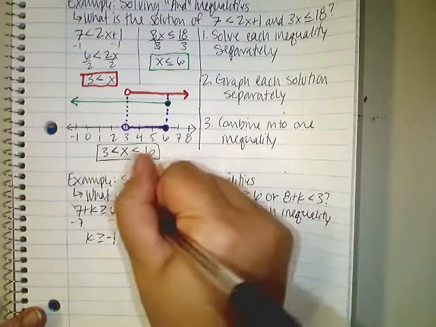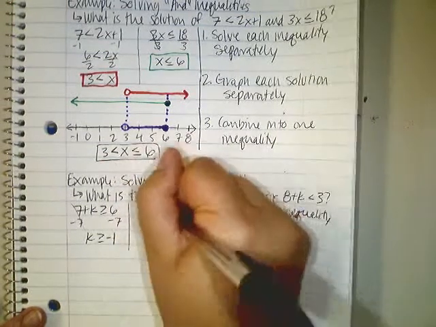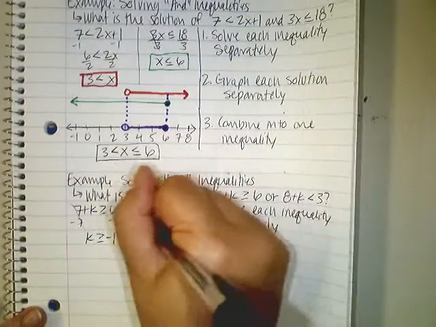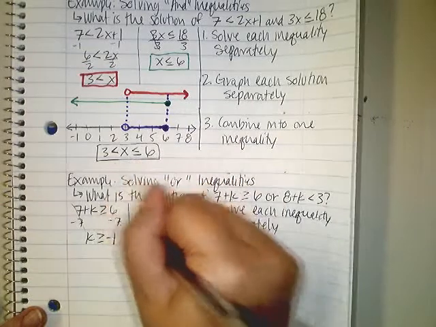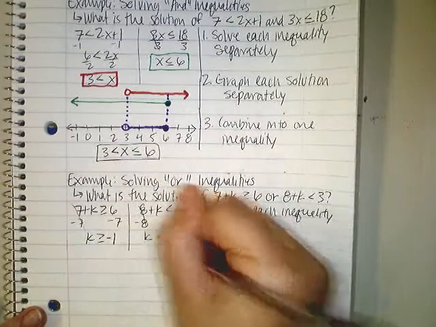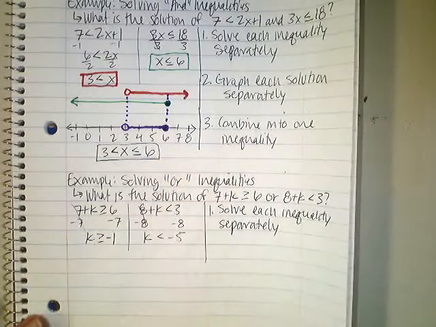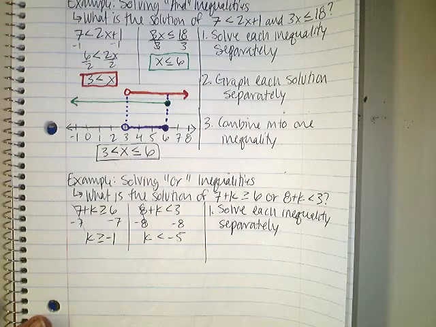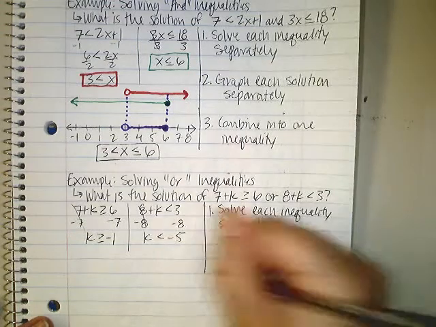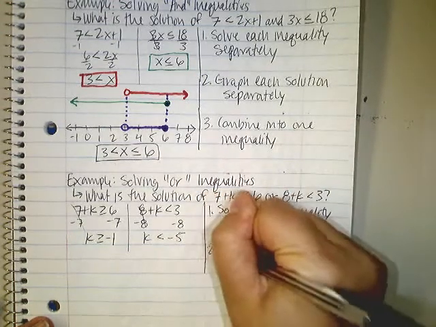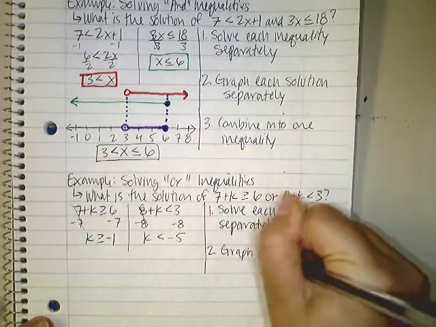On the other side, I have 8 plus k is less than 3. I'm going to subtract 8 from both sides, and I get k is less than -5. So now I'm again going to graph each inequality separately, same second step.